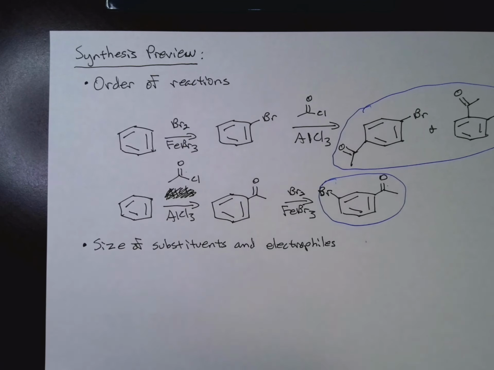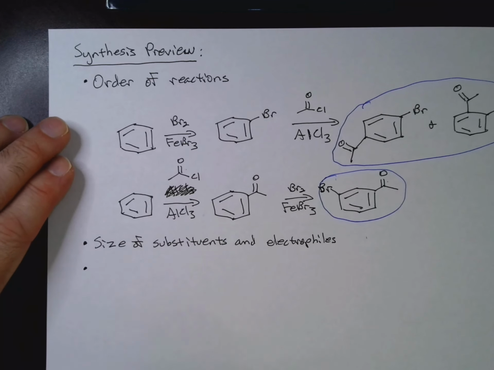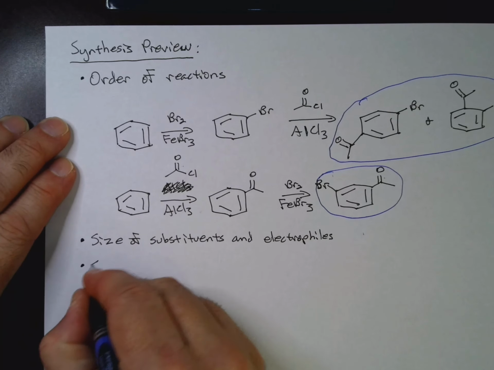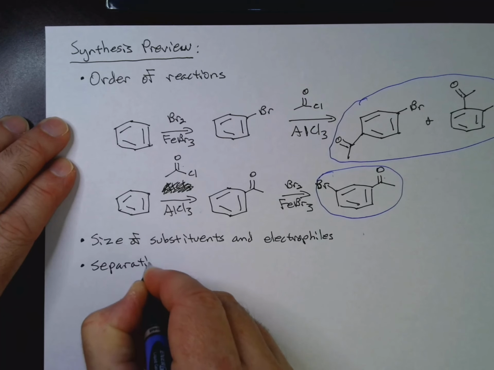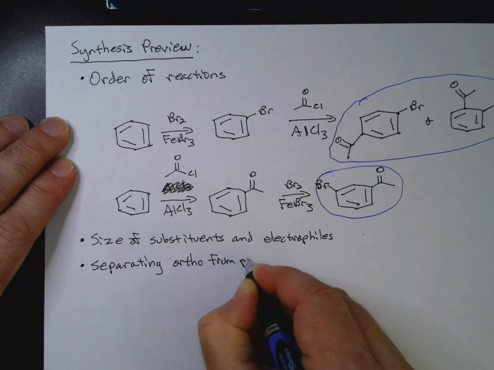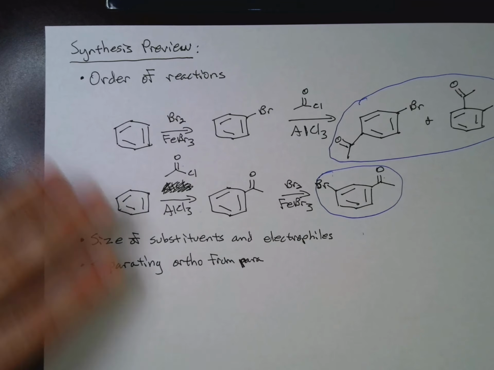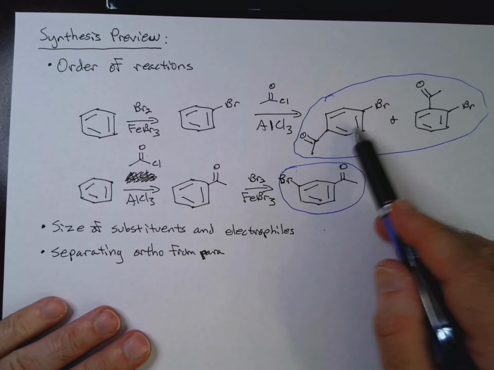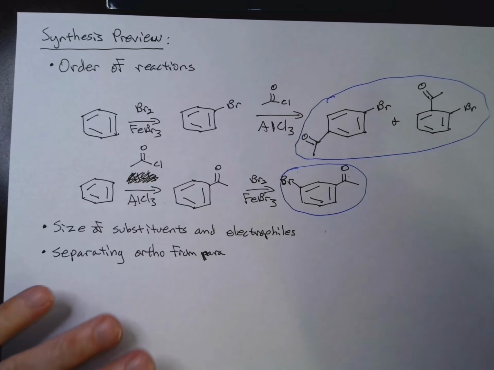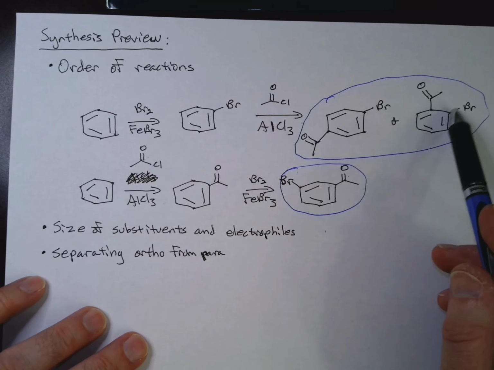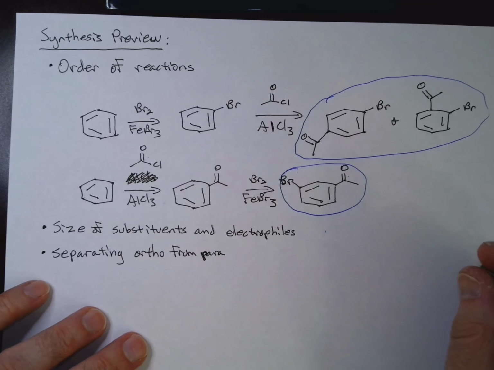And then I would say the last thing to think about is how you might separate ortho and para. So if you get a mixture, presumably these have different boiling points, and you could separate by distillation. But I'll show you a method for perhaps making just one of the two. Like let's say you just wanted to make the ortho. We could go ahead and do that.